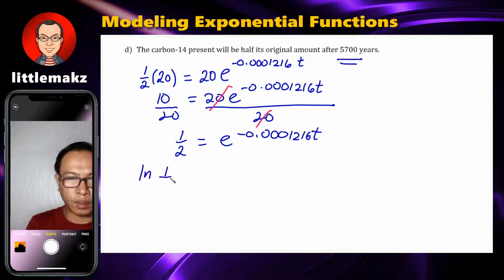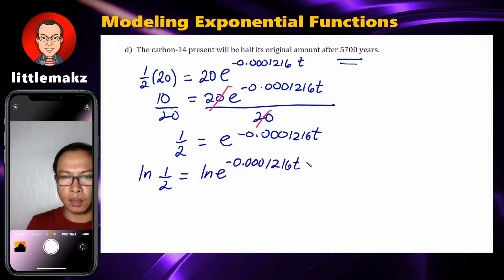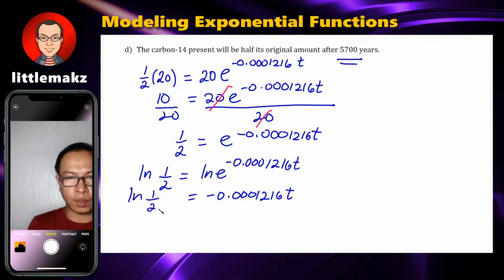ln of 1/2 is equal to ln of e to the power of negative 0.0001216t. But take note again that ln of e is 1. Therefore, you just simply have negative 0.0001216t, and this is the ln of 1/2.